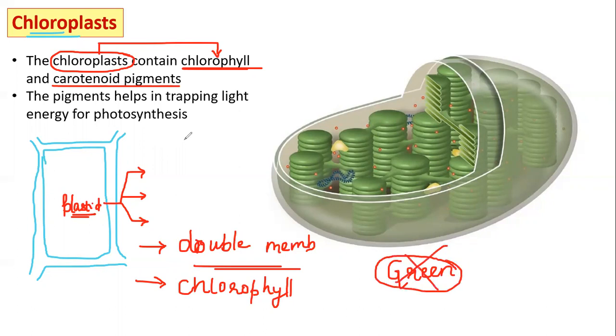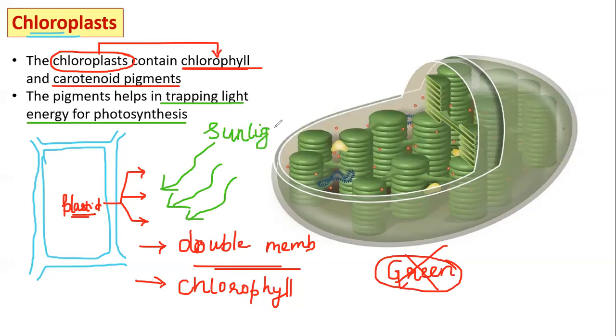The main function of chlorophyll is to trap light energy for photosynthesis. It will absorb the sunlight coming from the sun, which helps the plant undergo the process of photosynthesis.